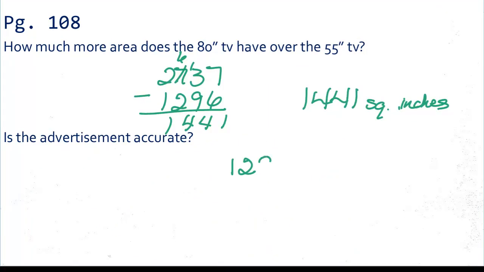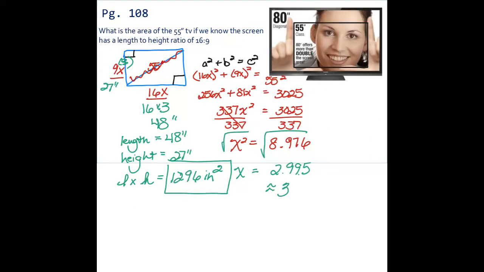More than twice. 1296 times 2 would be, 6 times 2 is 12, 9 times 2 is 18, 19, 5, 2,592. That's 2 times the smaller one.